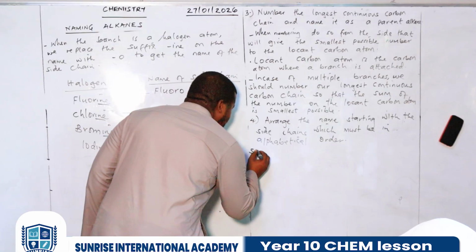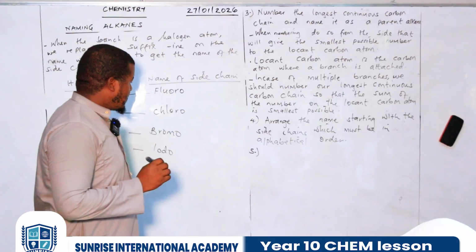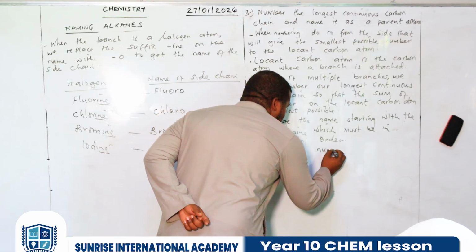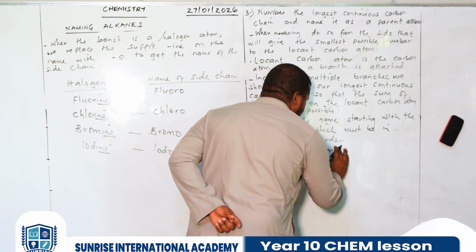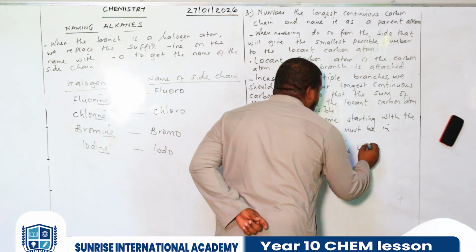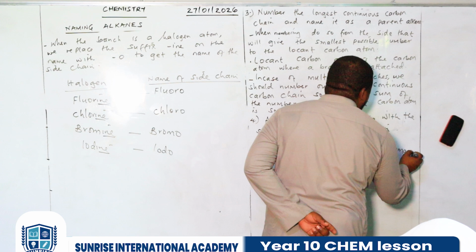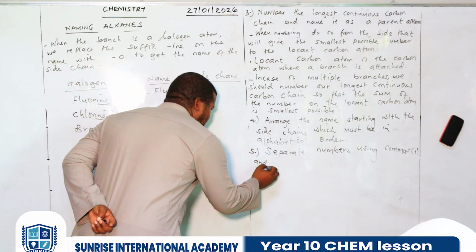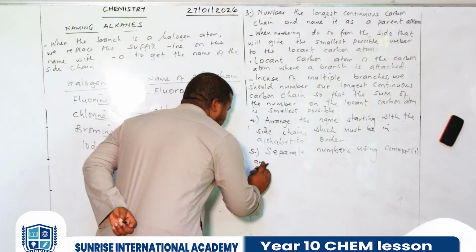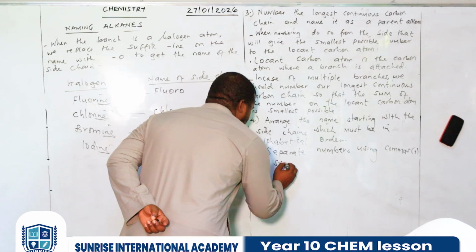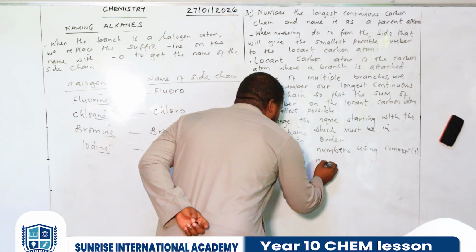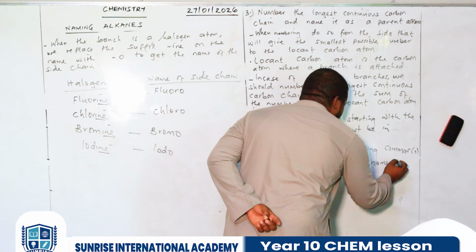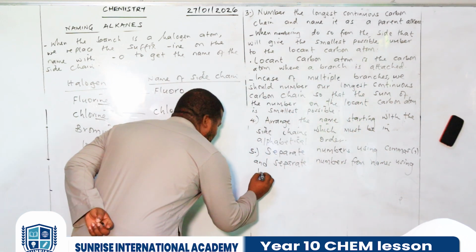Rule number 5. Very important. Separate numbers using commas, and separate numbers from names using hyphens.